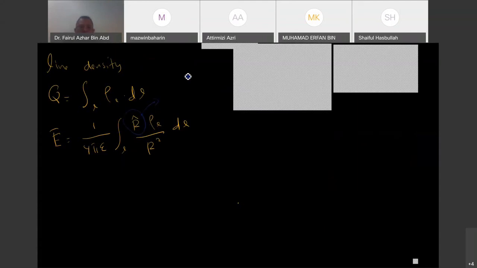In the end, we can change R cap to vector R divided by R, and if we put this expression inside, we will have a slightly different shape of the equation.